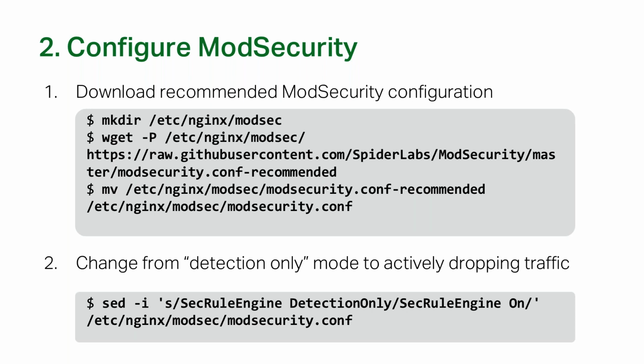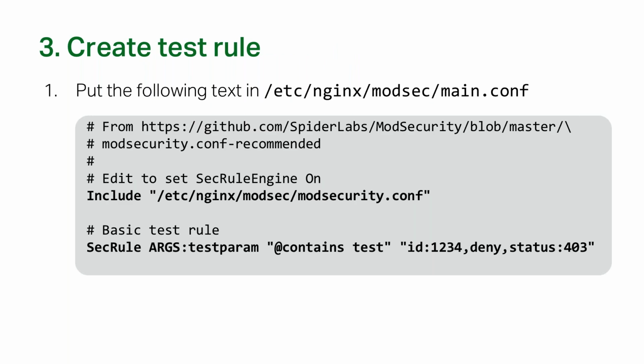So, follow the instructions in our admin guide to get hold of the master modsecurity.conf configuration. Make this simple change, and then we're going to edit our main.conf, and we're going to pull in the modsecurity.conf we took from Trustwave SpiderLabs, and we're going to add a basic test rule.